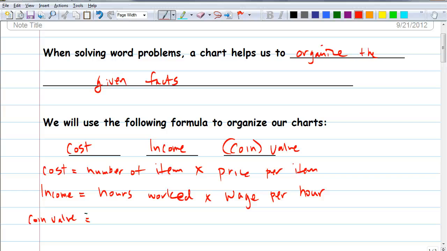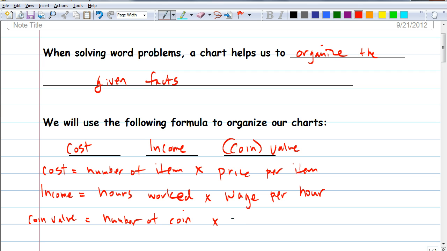That's the sort of thing we're talking about. Each quarter is worth, well, how much? 25 cents. So if I have 2 quarters, that's 50 cents, right? Plus a dime, 10 cents. Does that make sense? So how do we do this? Well, the same thing as before. Number of what? Number of coins that you have, times what? What do you multiply it by?